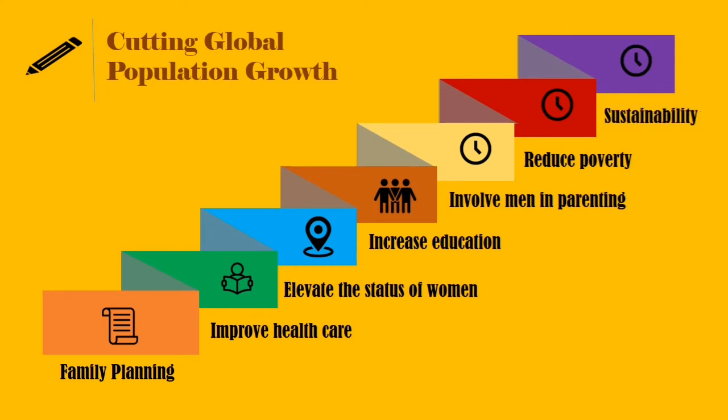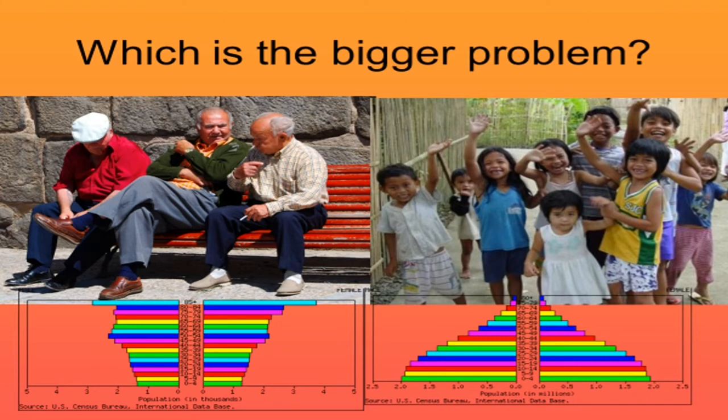By looking at the slide, which is the bigger problem, having an aging population with limited number, or the young population with greater number?